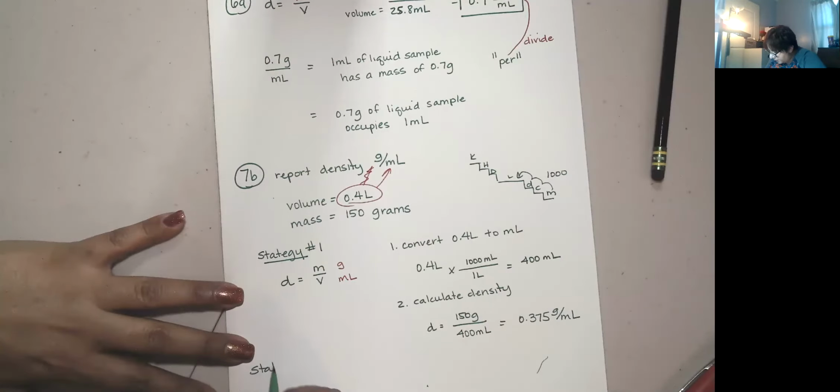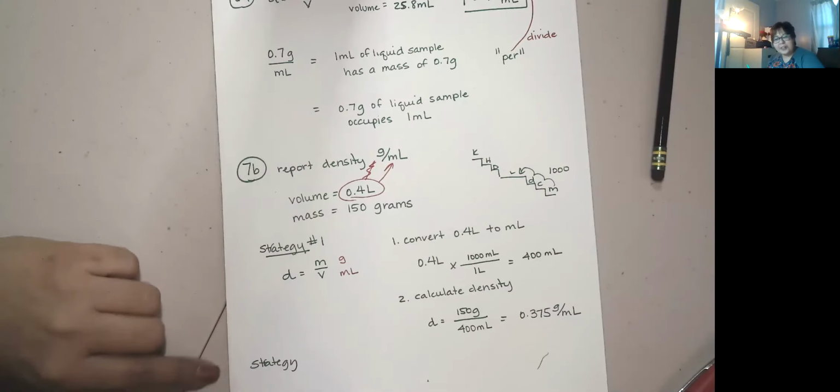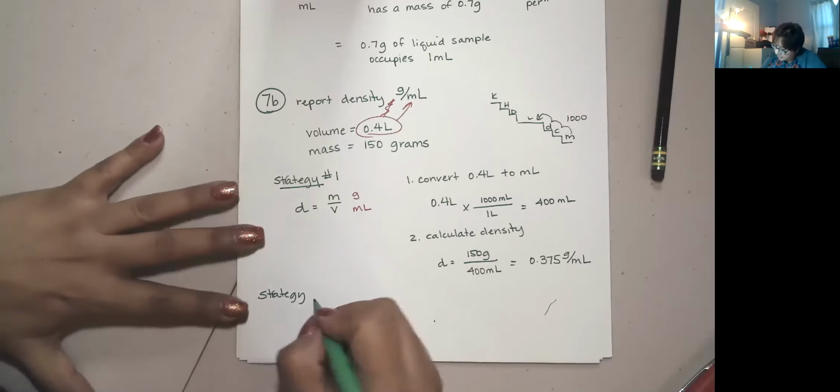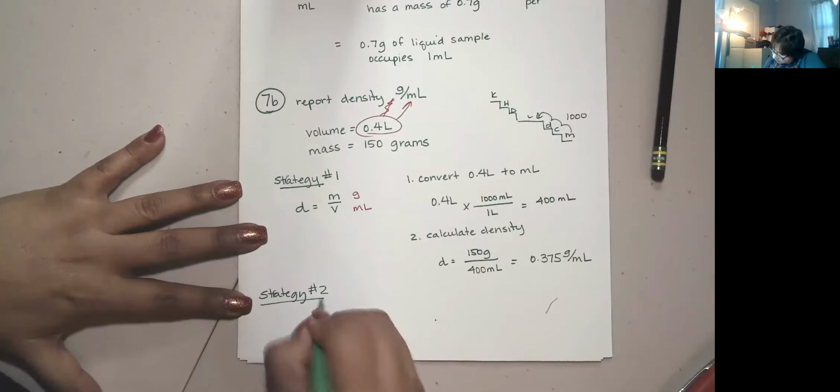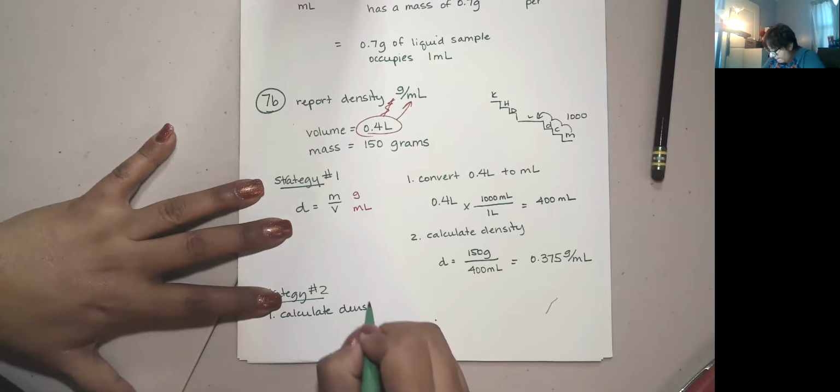Strategy number two. Oops, I misspelled strategy both times. There we go, there's an R in there. Strategy number two is to go ahead and calculate the density first, and then do the conversion.